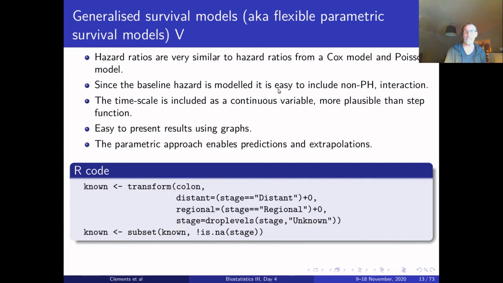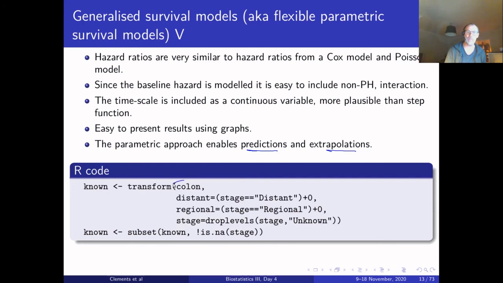Since the baseline hazard is modeled, it is easy to include non-proportional hazards and interactions, and the time scale is included as a continuous variable, so there are no more implausible step functions. It's also easy to present the results using graphs, and this approach is very good for doing predictions and extrapolations.